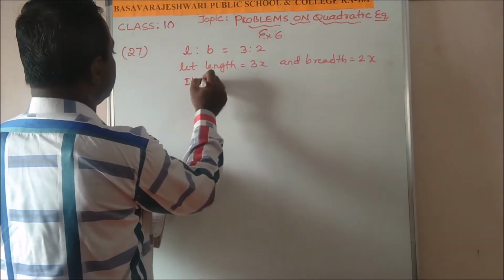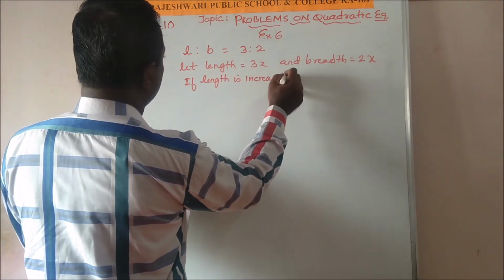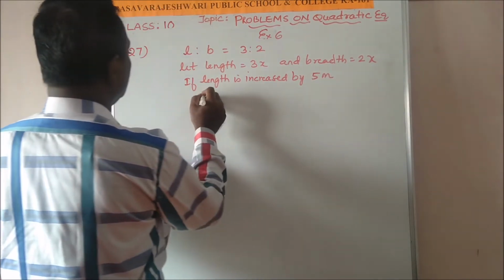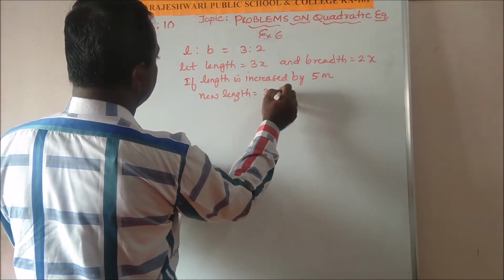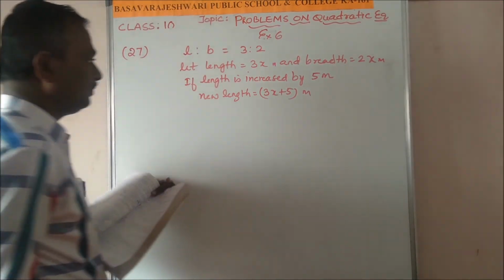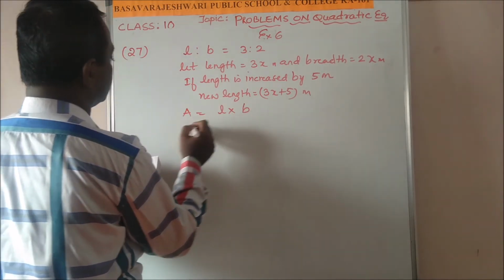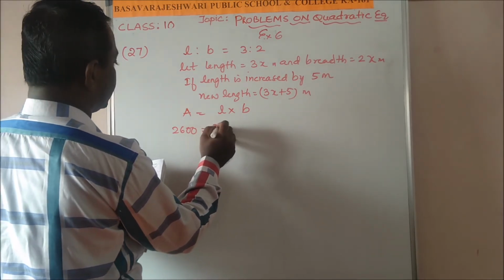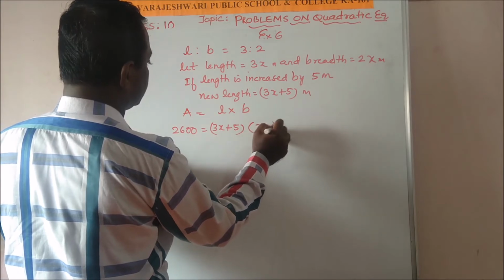Length is increased by how many meters? 5 meters. New length is equal to 3x plus 5 meters. Now area is equal to length into breadth. So area, how much it becomes they are telling? 2600, if length is taken as 3x plus 5 into breadth as it is, 2x.